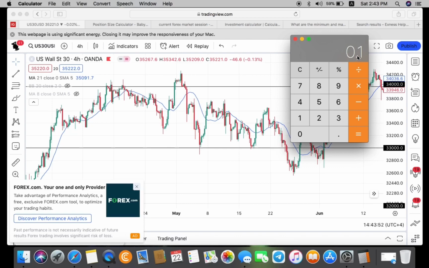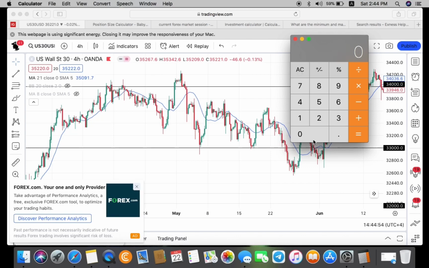But 0.01 in US30 will give you 0.01 times 100 times 0.01. You see, guys, we have 0.01.